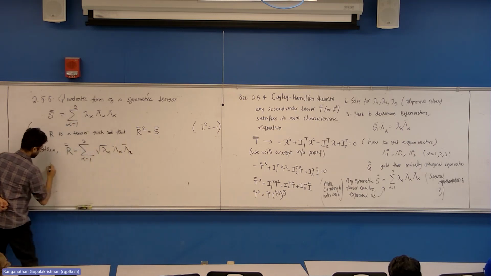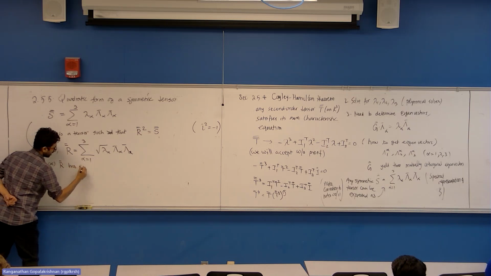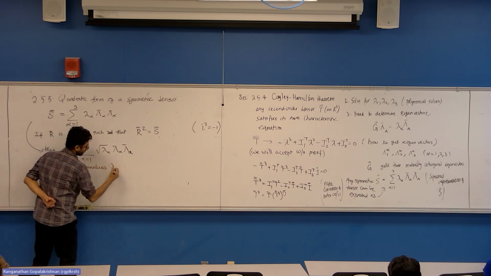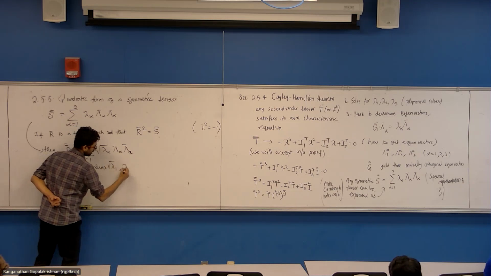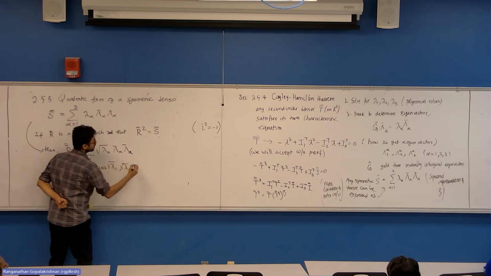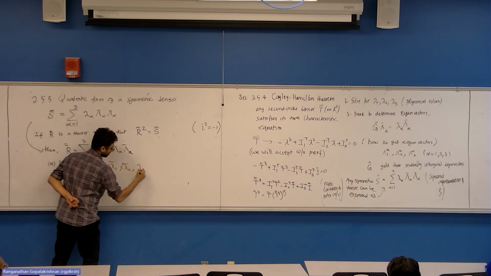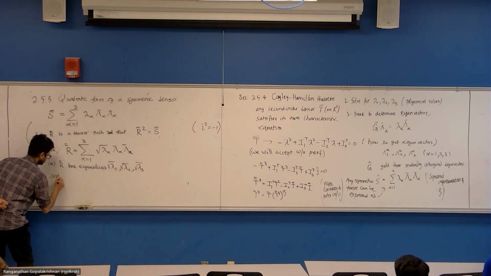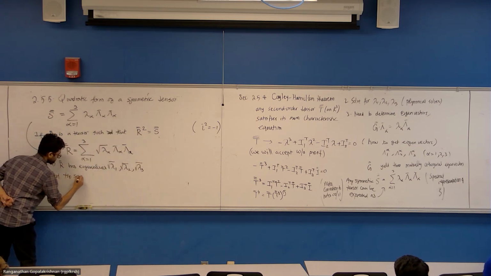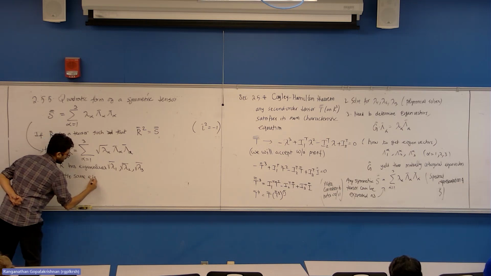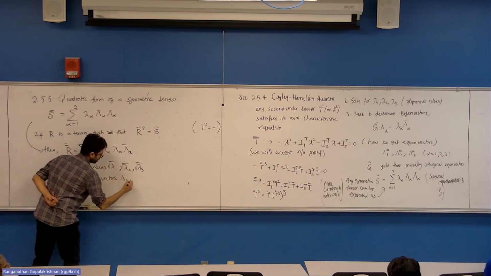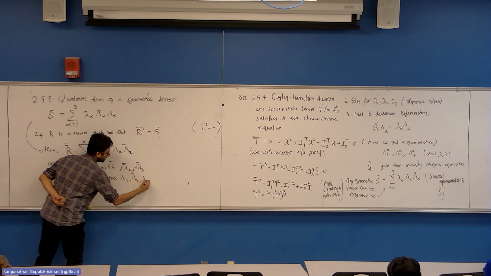That is, R has eigenvalues square root of lambda 1, square root of lambda 2, and square root of lambda 3, and the same eigenvectors gamma 1, gamma 2, gamma 3.